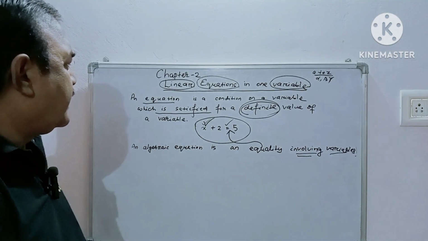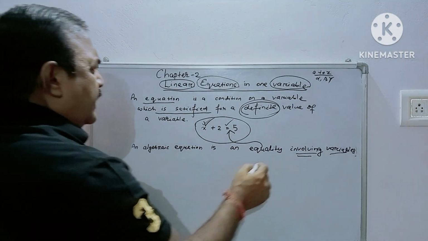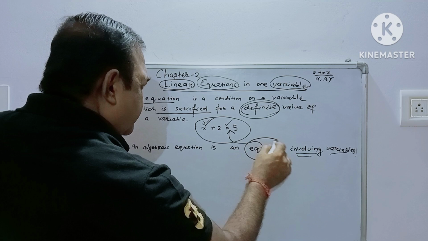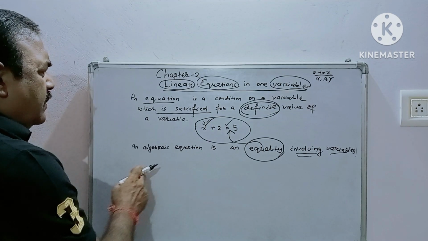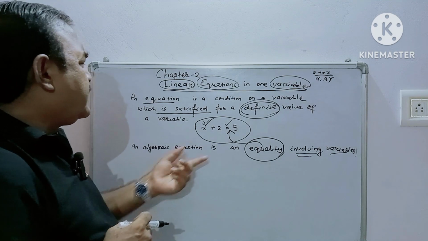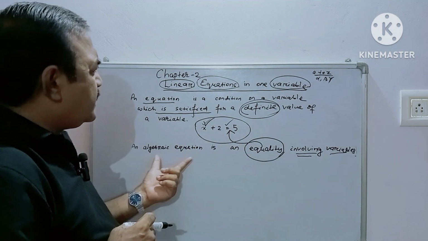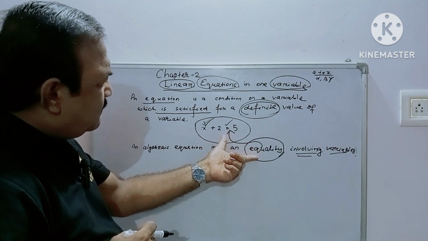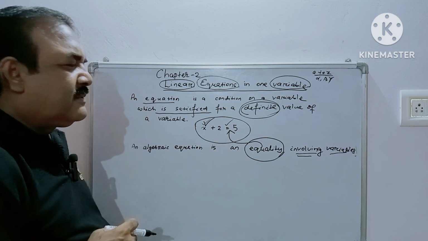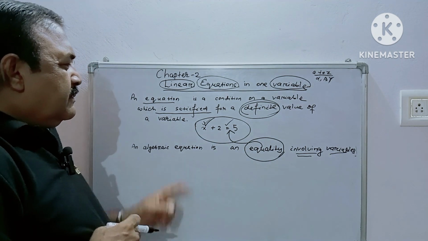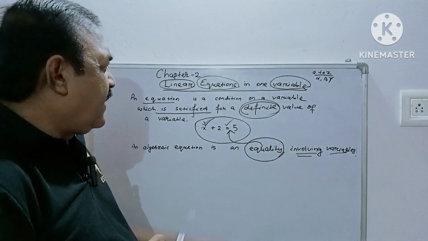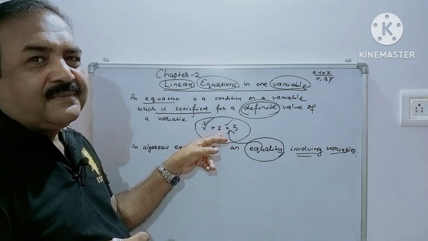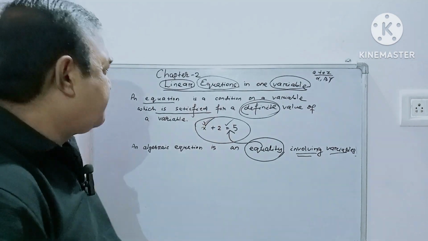That is most important. So it is an equality. An algebraic equation is an equality, but not for all the values of the variable, for a definite value. You should remember this.